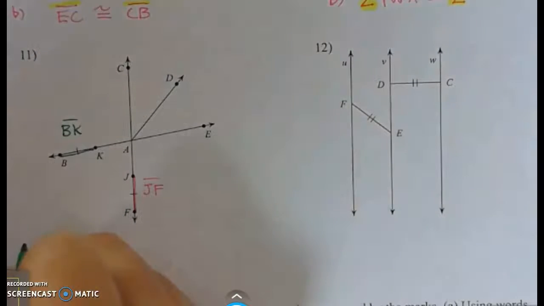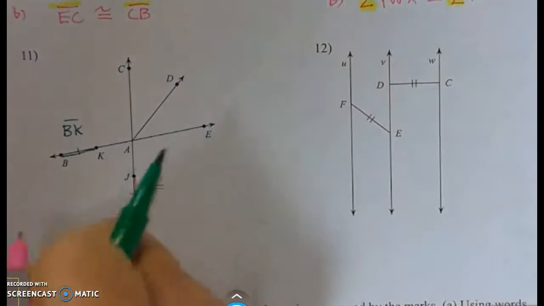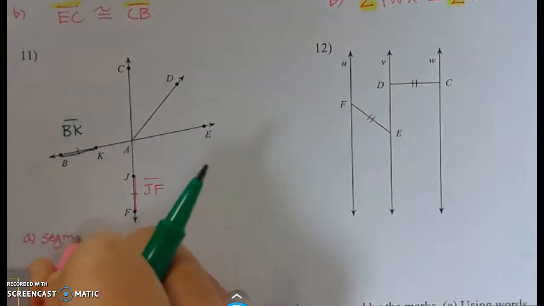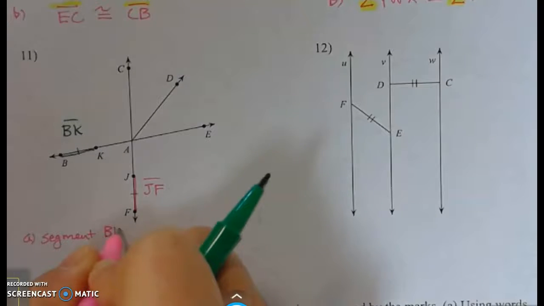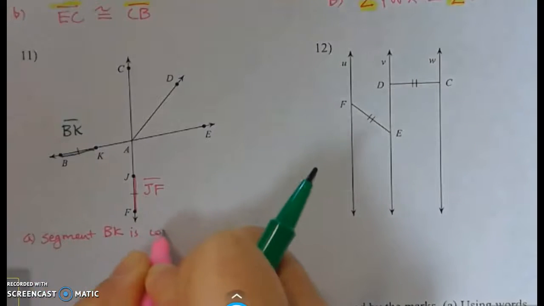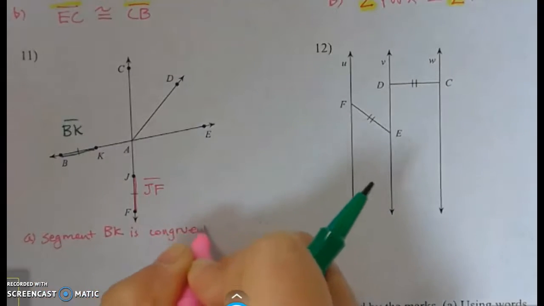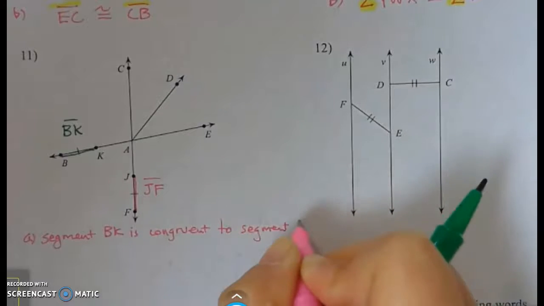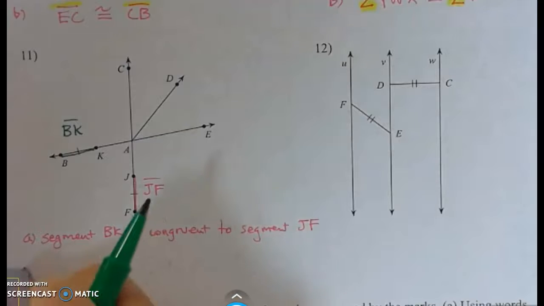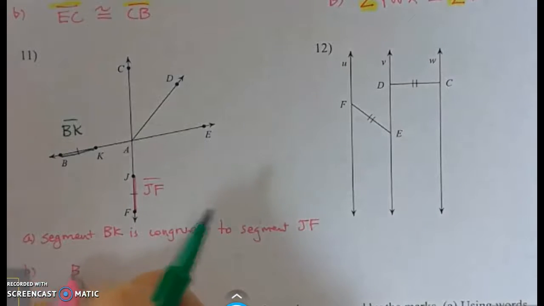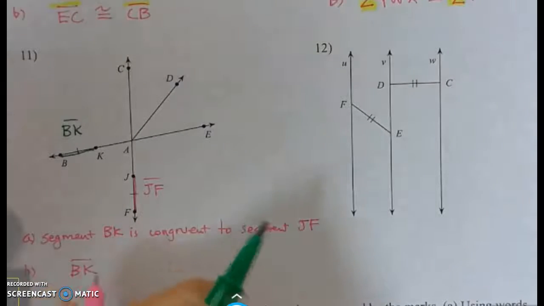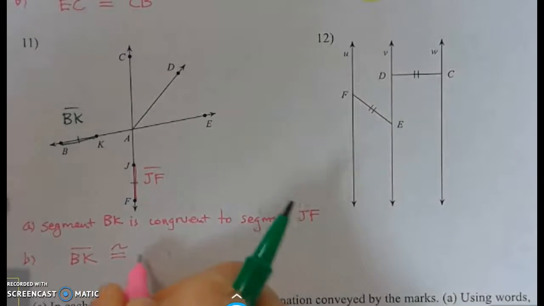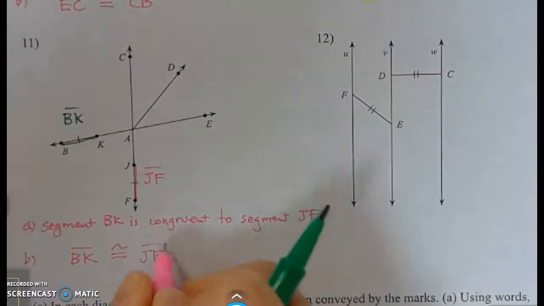So I can write A, segment BK is congruent to segment JF. And using the notation, it's BK with a line over it to say this is a line segment, is congruent to JF with a line over it.